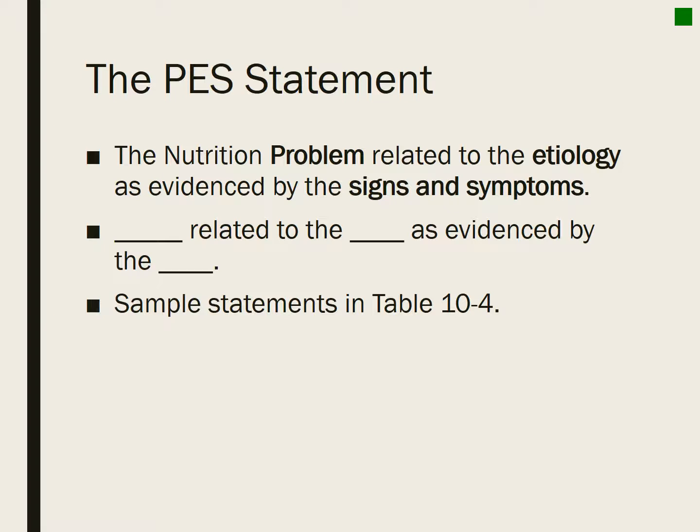Etiology refers to the cause or contributing factors of the patient's nutritional problem. So what's causing this patient to have the problem that we just mentioned. And then signs and symptoms are derived from the subjective and objective information that documents or supports a nutritional problem. So that's kind of like our evidence as to why this is a problem.